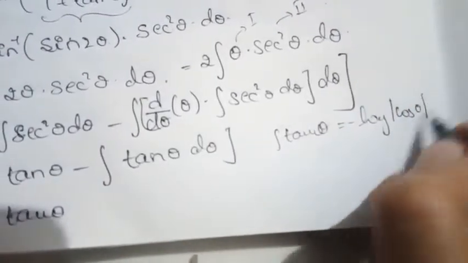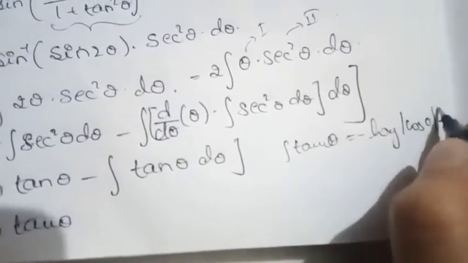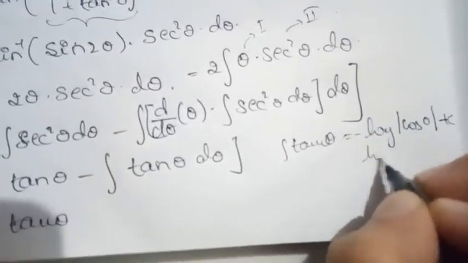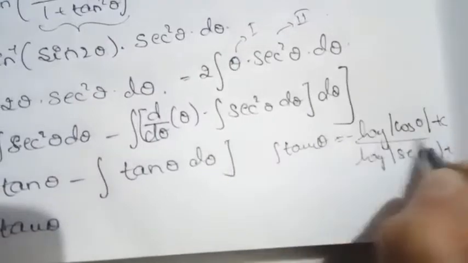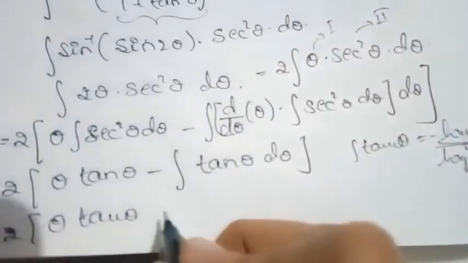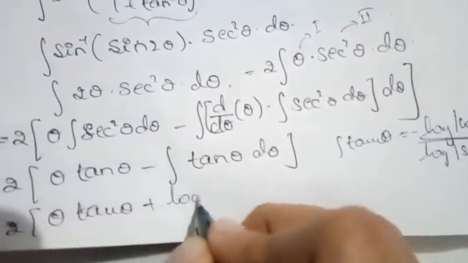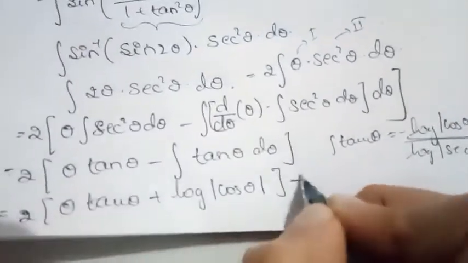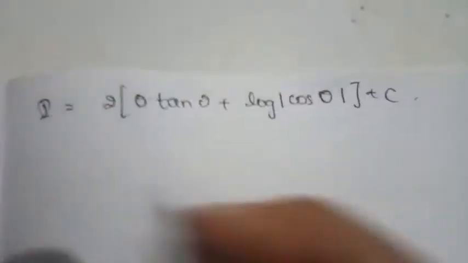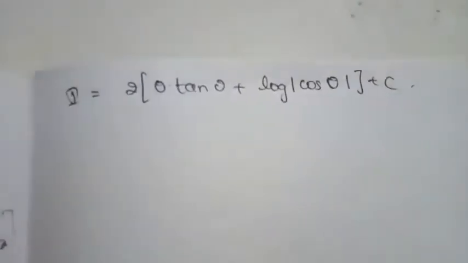If I bring this minus towards the numerator, it becomes log mod secant theta plus c. As per our convenience, I am using this one. So minus into minus is plus, it becomes log mod secant theta plus c. So we got this as our answer.